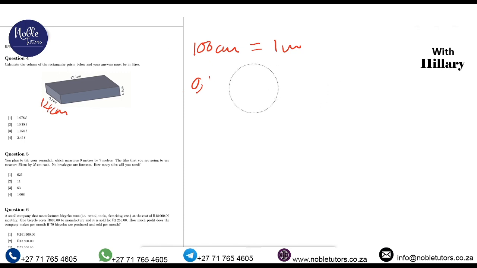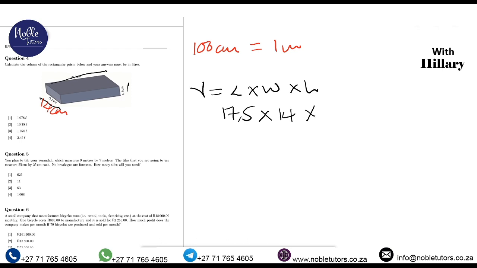Applying our formula, we said the volume of a rectangle is length times width times the height. So the length is 175, times the width is 14, and the height is 44.